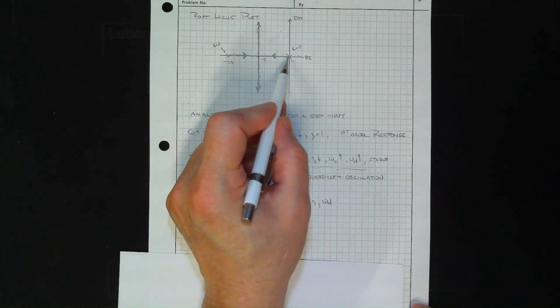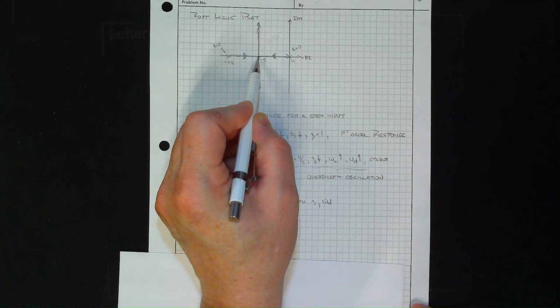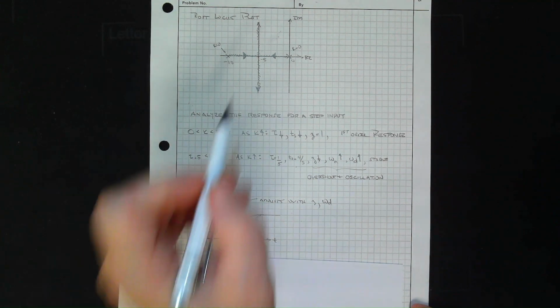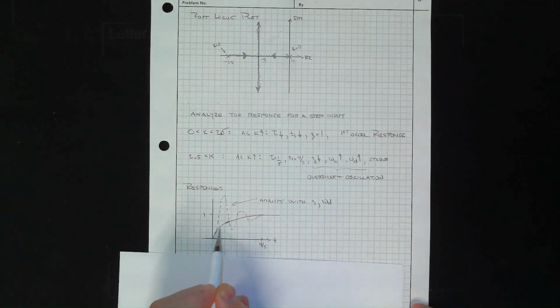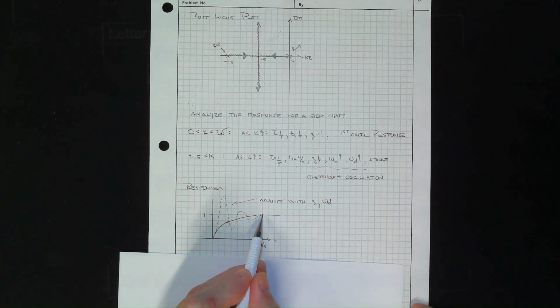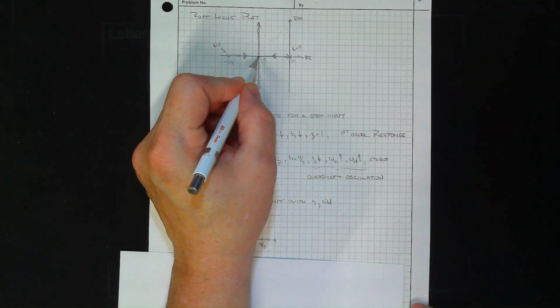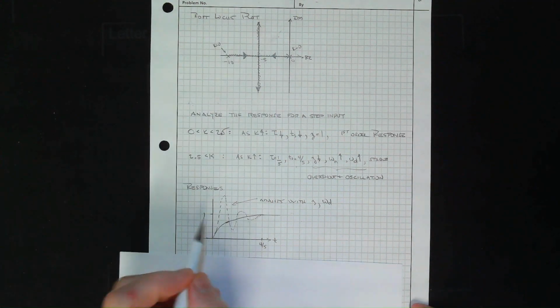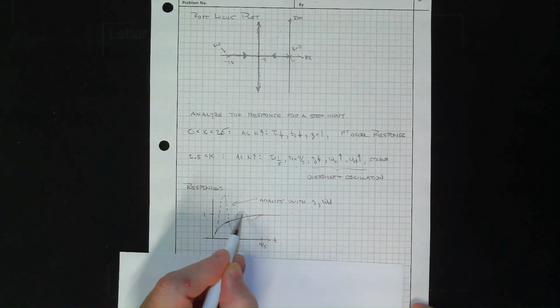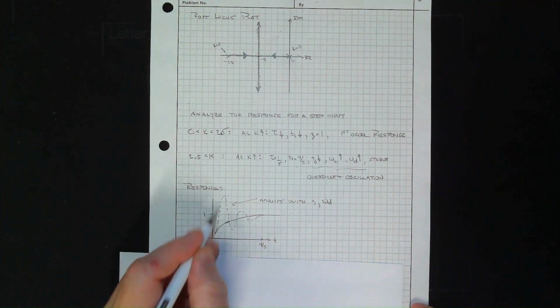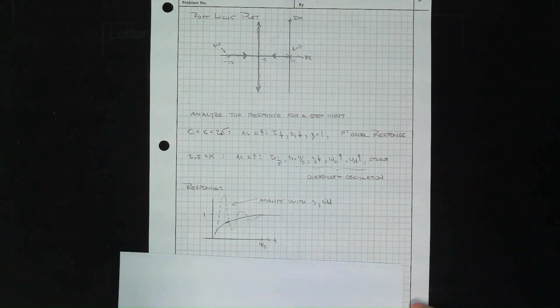If we have our roots right here, both of them on the real axis, this would be roughly what it looks like. It goes to 1, because our static gain was 1. It's done in 4/5 of a second. But then as you raise k, the pole starts to go up, and you get this oscillation. And as it goes up, you would get more and more oscillation, and this peak would go higher and higher.